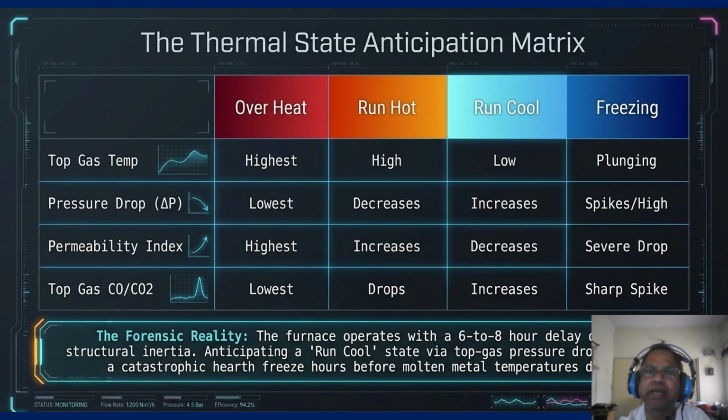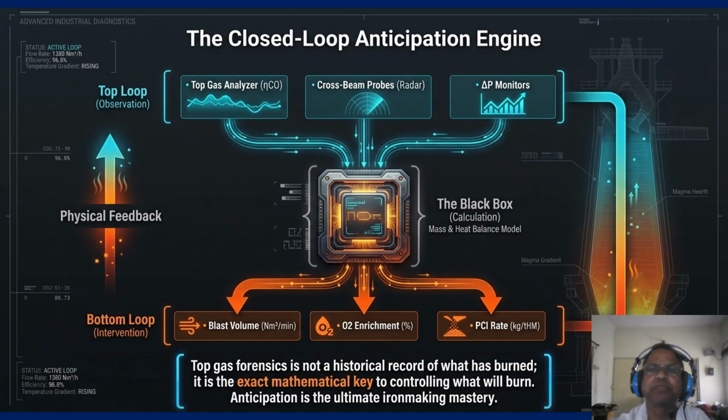This lead time allows us to engage the ultimate tool in modern ironmaking, the closed loop engine. Now coming to our next slide, which is on the closed loop anticipation engine. This is the summary, to be concluded with the closed loop anticipation engine.